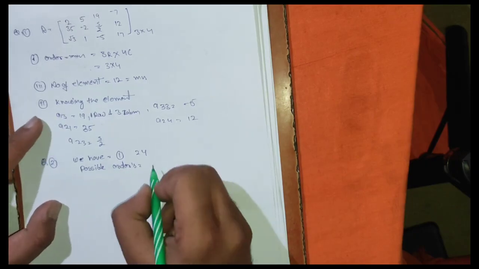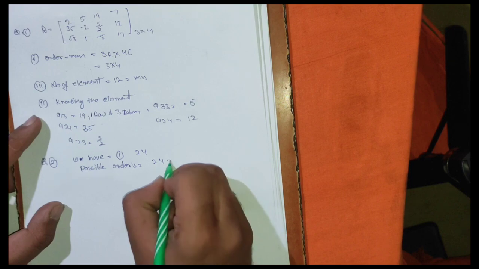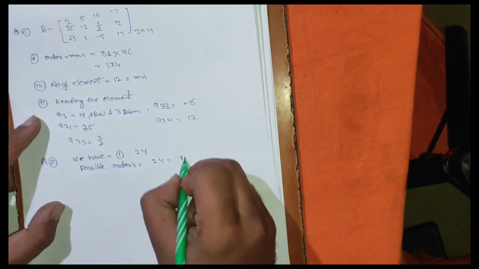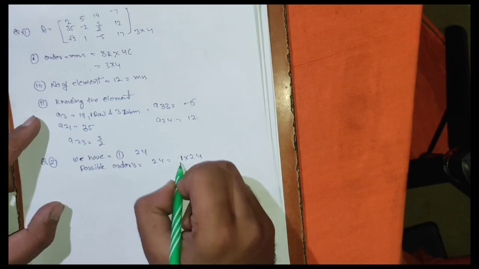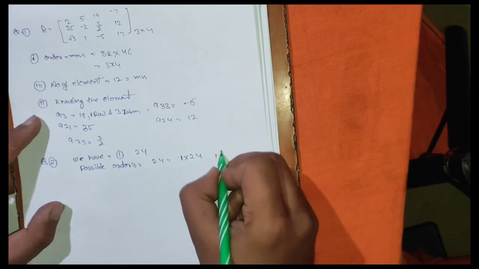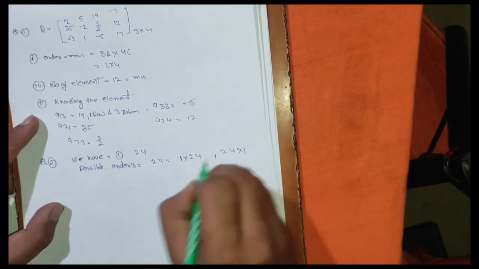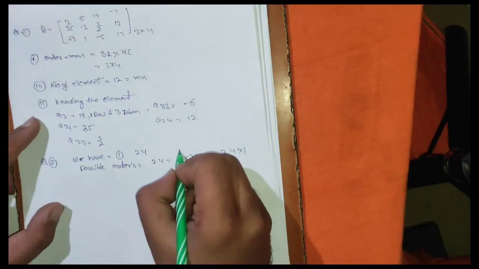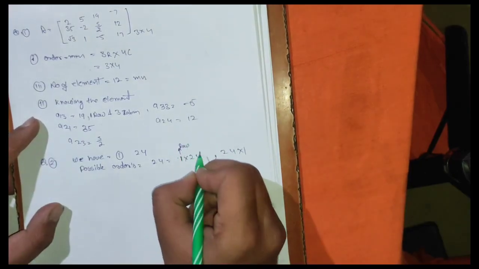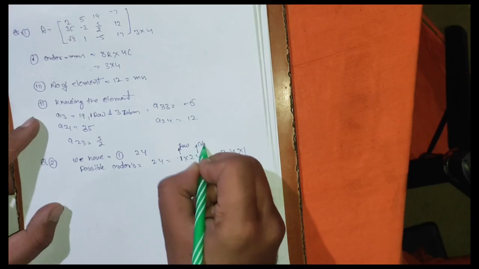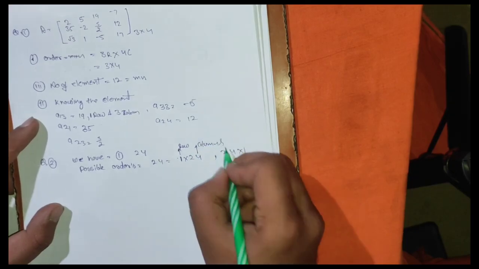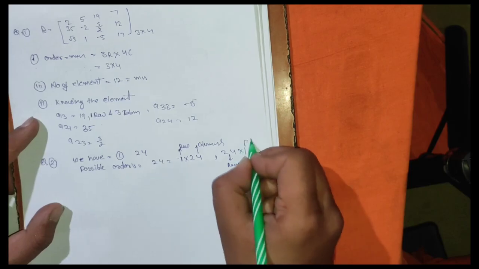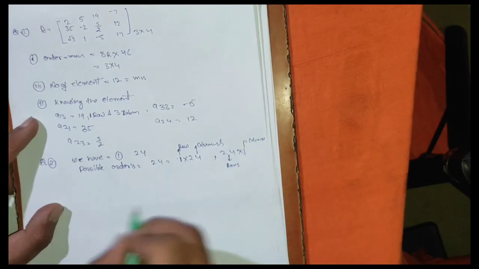Taking the factors of 24, starting from the lower value, the possible orders are 1 by 24 and 24 by 1, like 1 row, 24 columns, and 24 rows, 1 column.